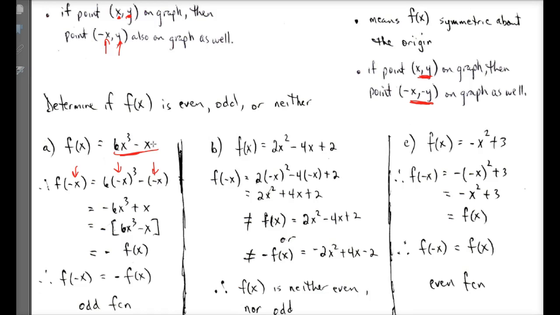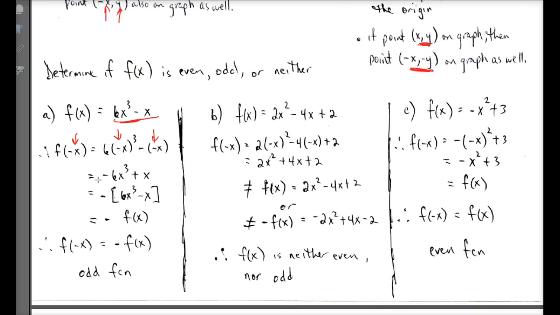Or do we get the negative of the original function back again? If we get the original function back again, whenever we plug in a negative x, then we know the function is even. If we get the negative of the original function back, then we know that it is odd. And if we get neither one of those cases, then we know that it is neither.